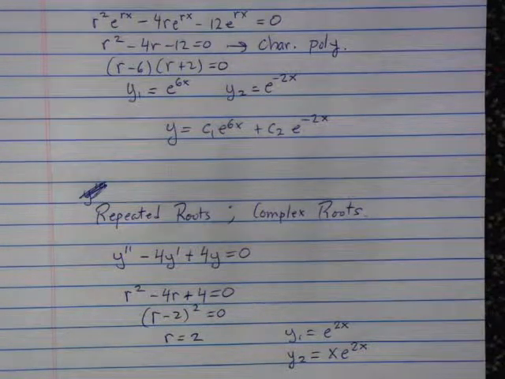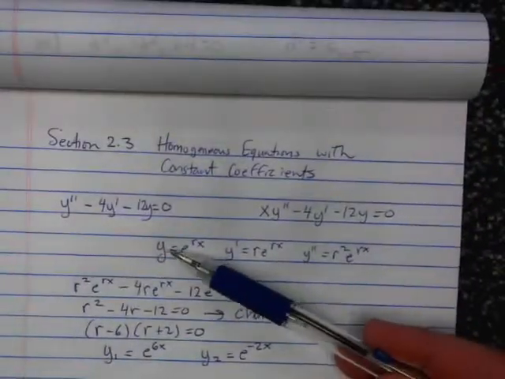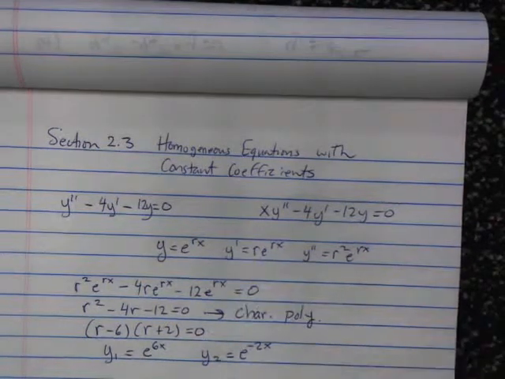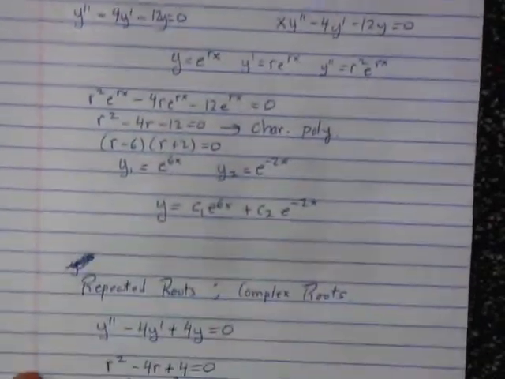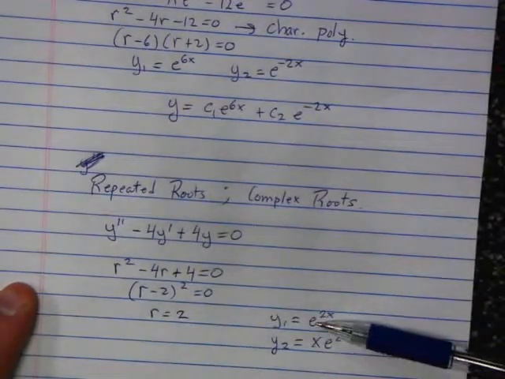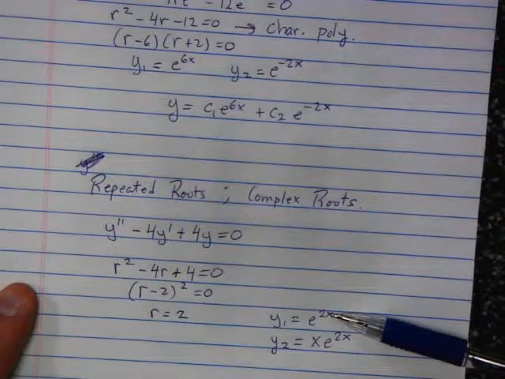Remember, again, our technique was we made a guess that y was e to the rx. And then we came all the way down here, we discovered that r was the number 2, which means one answer is e to the 2x. But then we need a second linearly independent solution.